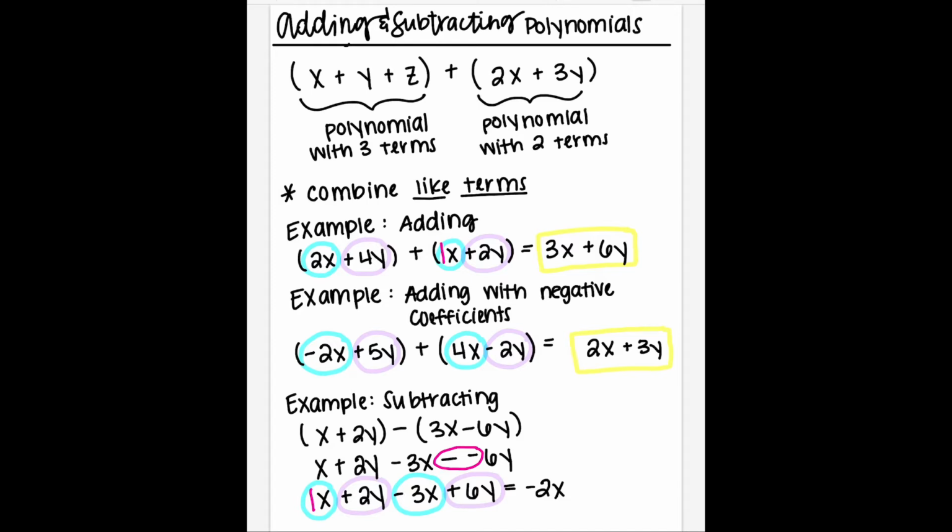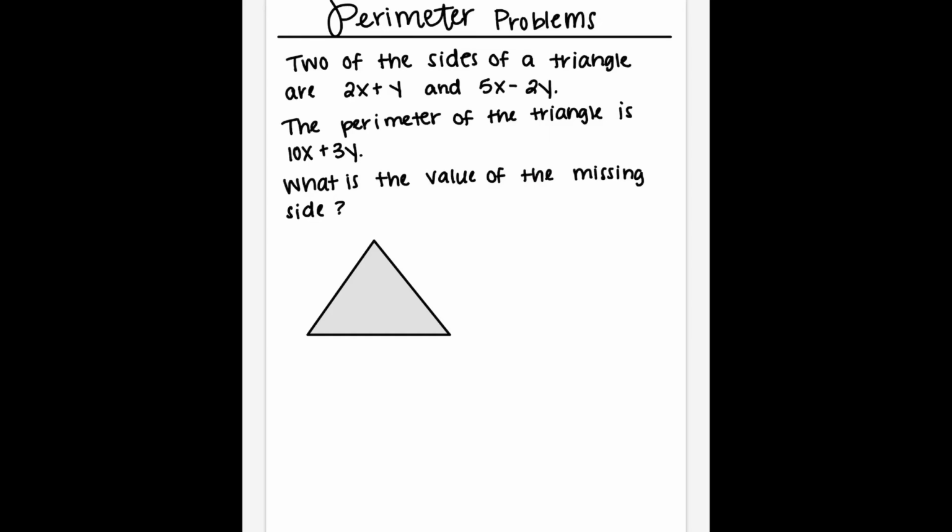When we add positive 2 plus 6, that gives us a positive 8y. So our final answer for this one is negative 2x plus 8y. We cannot combine anything else because they have different variables, so we will leave them as the polynomial negative 2x plus 8y.